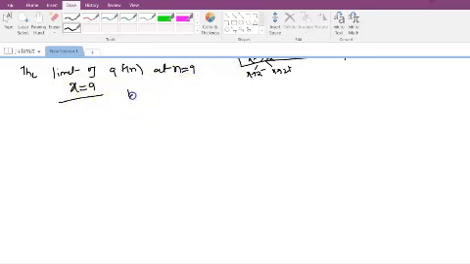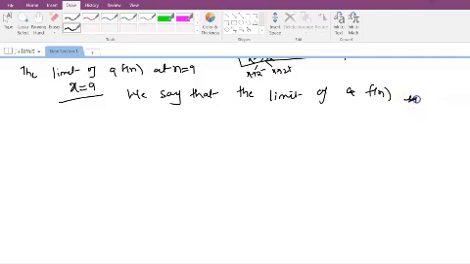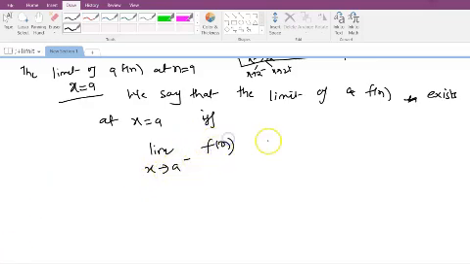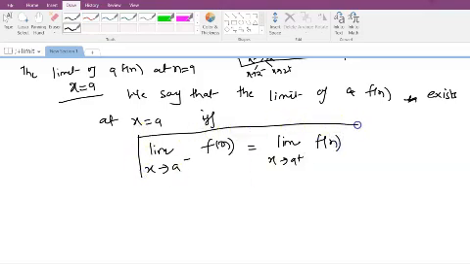So we say that the limit of f(x) exists at x equal to a if and only if the limit when x is approaching from the left side is the same as when it is approaching from the right side.